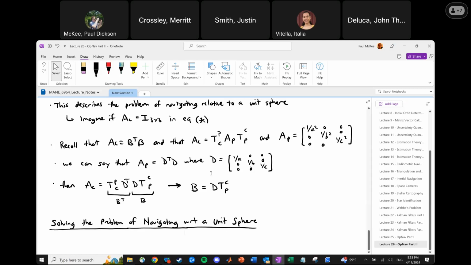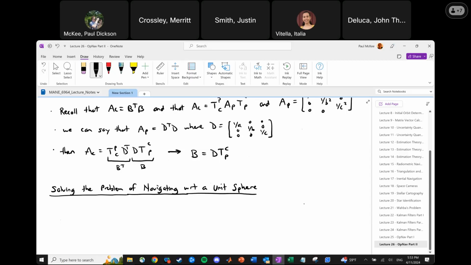Right. So let's say that we've got something like this going on. Here is the unit sphere. Here is a spacecraft. And so you can imagine that we're building a triangle from the center of the sphere to the spacecraft to a point on the horizon, which looks like this.